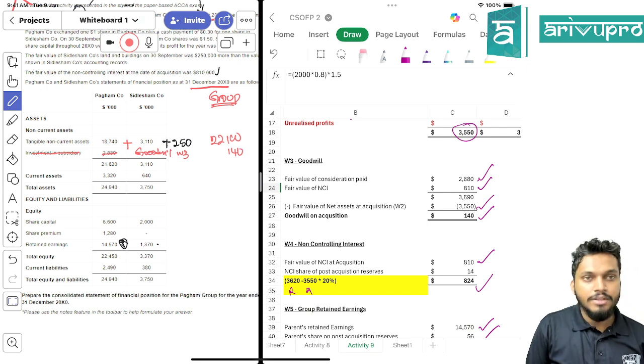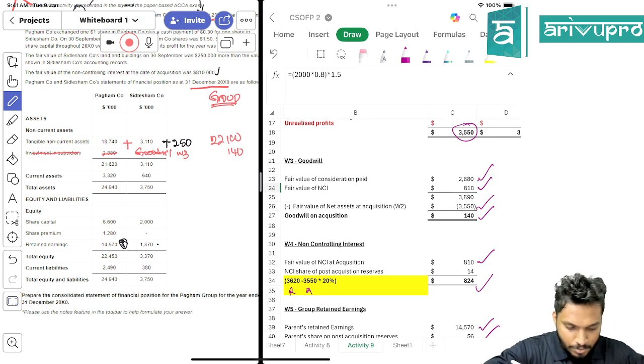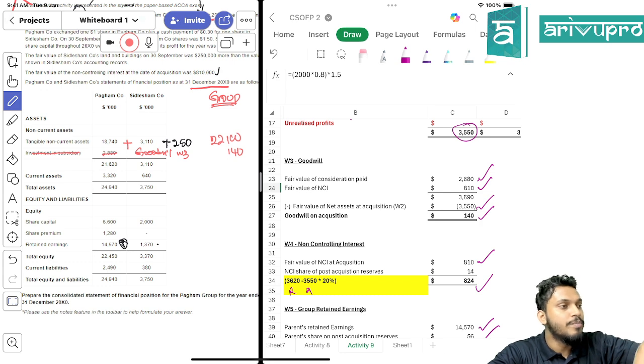140. You need to take only 140. Then current assets, because from the group's point of view, the investment in subsidiary is the same as an investment in their own company. Can you show that in the group?